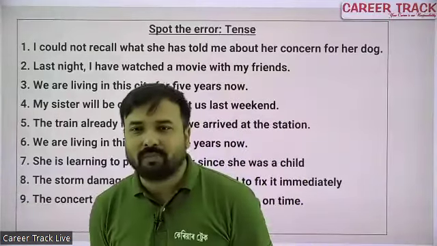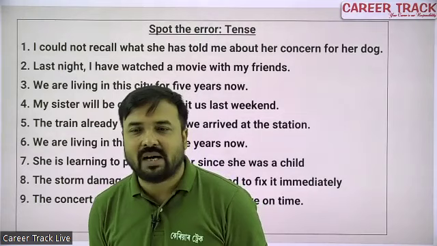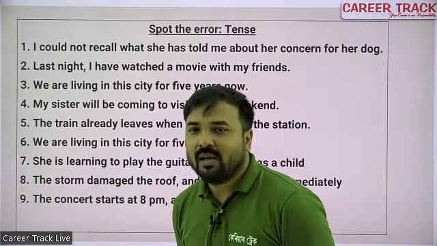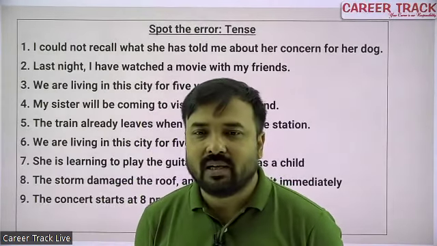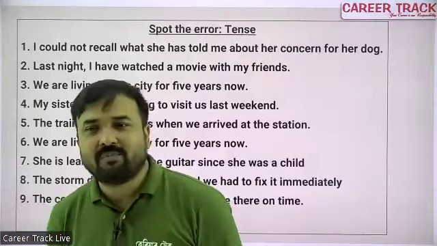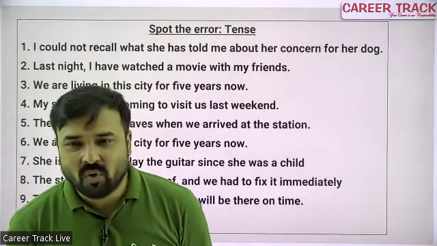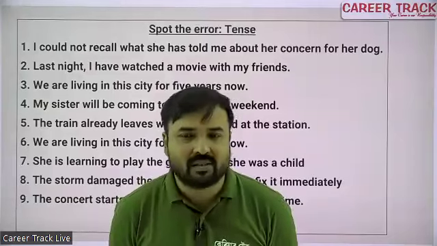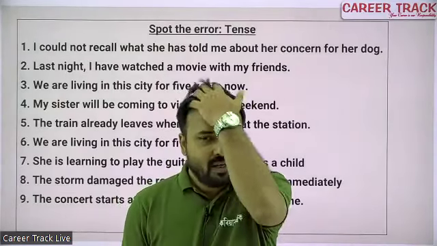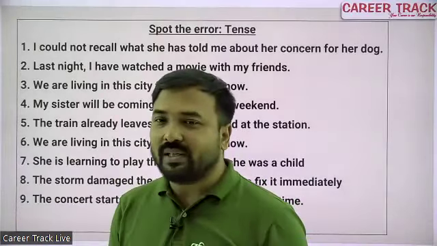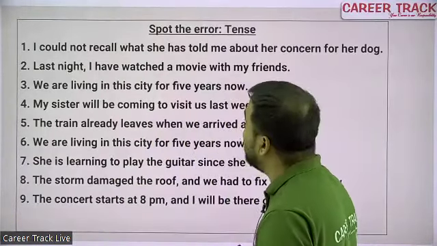Now see, I could not recall. So could not a past tense or say, right? Could not is in past tense. I could not recall what she has told me about her concern for her dog. Etia, eta sentence eta past thought thake gutekhini past thought thakibo. Okay, and we know that the verb indicates the tense, right? So verb tends to indicate kore. So I could not যেহেতু past thought আছে, ইয়াত কোনটো present thought আছে?